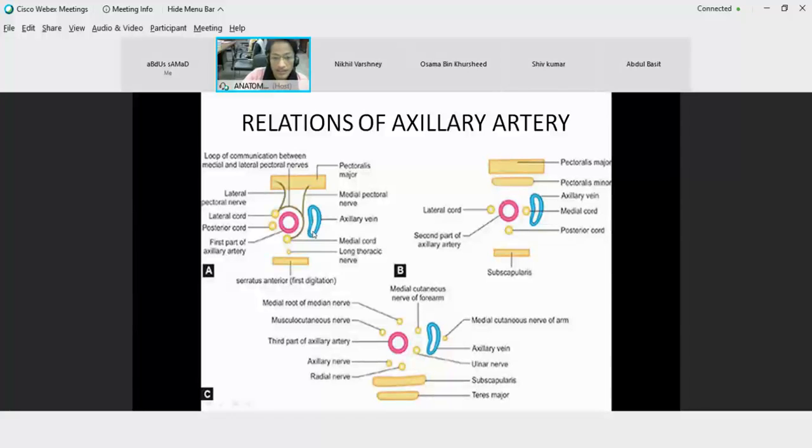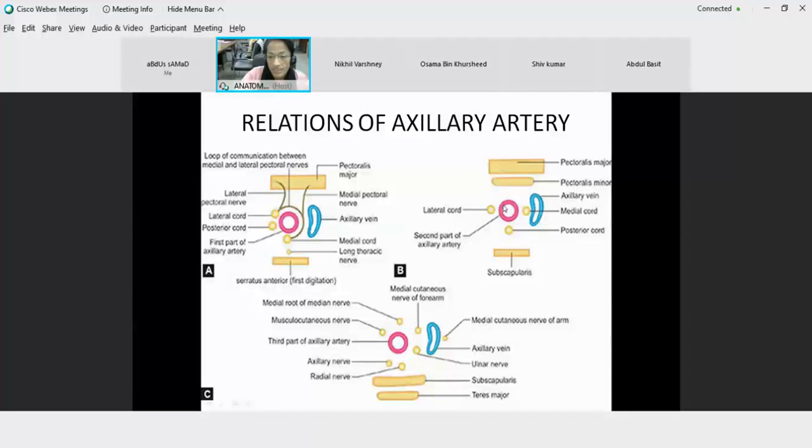So here, medially to the first part, we have the axillary vein. Then laterally we have the remaining two cords of the brachial plexus, that is the lateral cord and the posterior cord. So these are the relations of the first part of axillary artery.